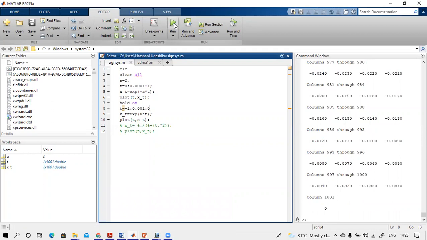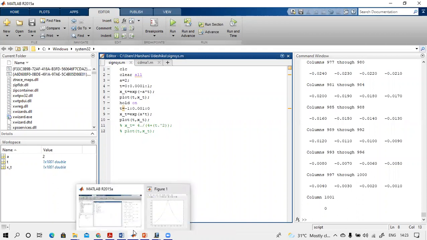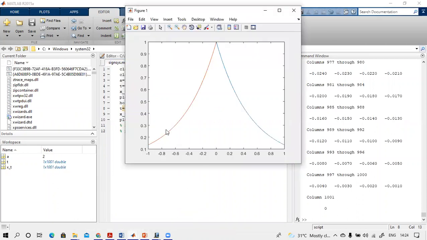So we will get this: e to the power plus at graph from minus 1 to 0, and this is 0 to plus 1, that is the e to the power minus at graph. We will get this kind of graph, so our graph is correct.